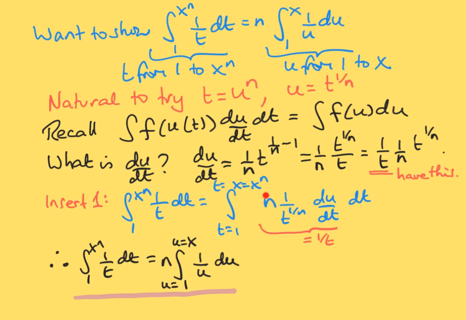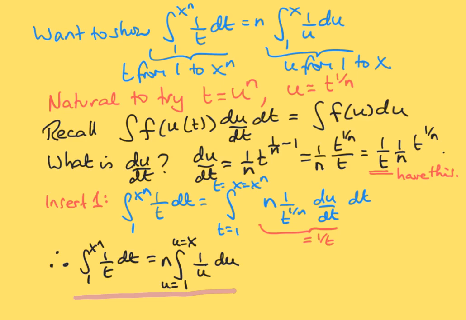So we multiply by an n that would cancel that, and we divide by a t to the 1 over n that would cancel that. So this combination here, if you just multiply it out, is 1 over t, the original integral. So this is completely correct. We've done nothing wrong.